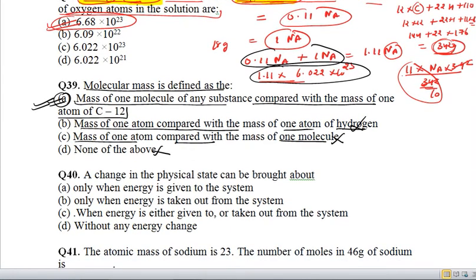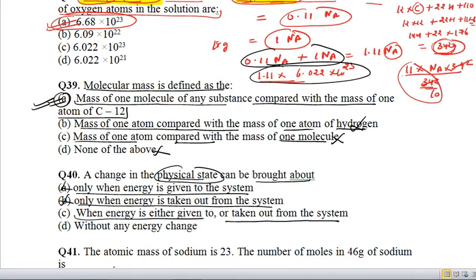Let's see the next question. A change in the physical state can be brought about. How can we bring the change in a physical state? First option, only when energy is given to the system. It's not necessary. Only when energy is taken out from the system. No, when energy is either given to or taken out from the system.